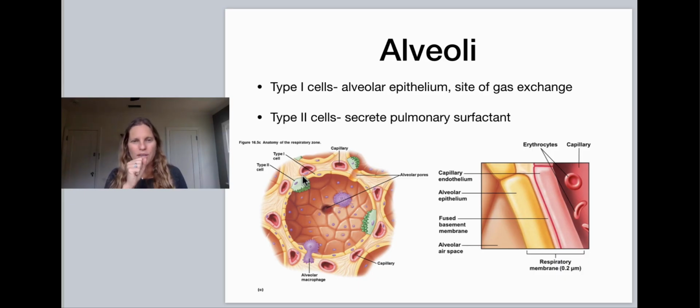Think if you've ever blown up a balloon, especially one that has a little bit of water in it, if it's a little bit wet, you start to blow and you really have to work hard. It's the same kind of deal. You're overcoming the surface tension to inflate that balloon. So when babies go to take their first breath in, they can't actually inflate the alveoli because of the lack of surfactant. So it's a big issue.